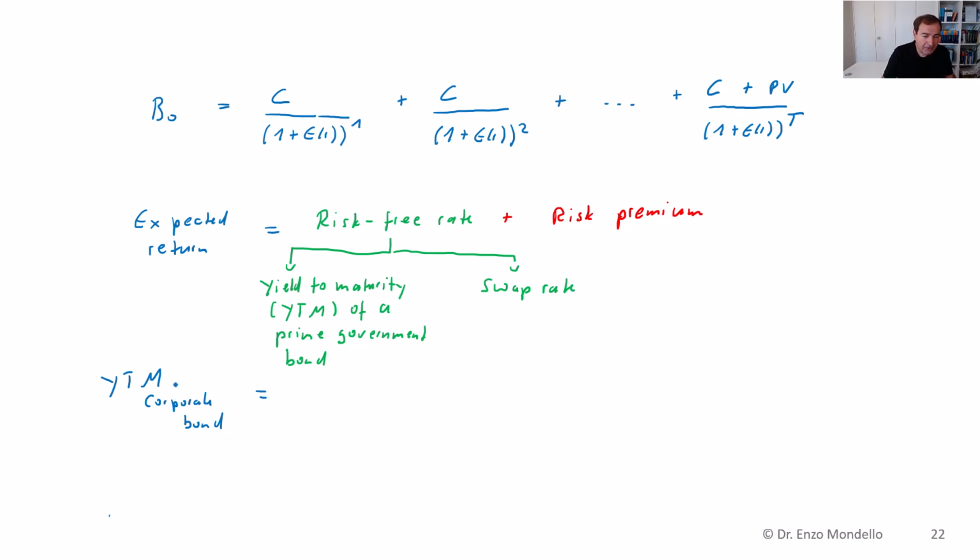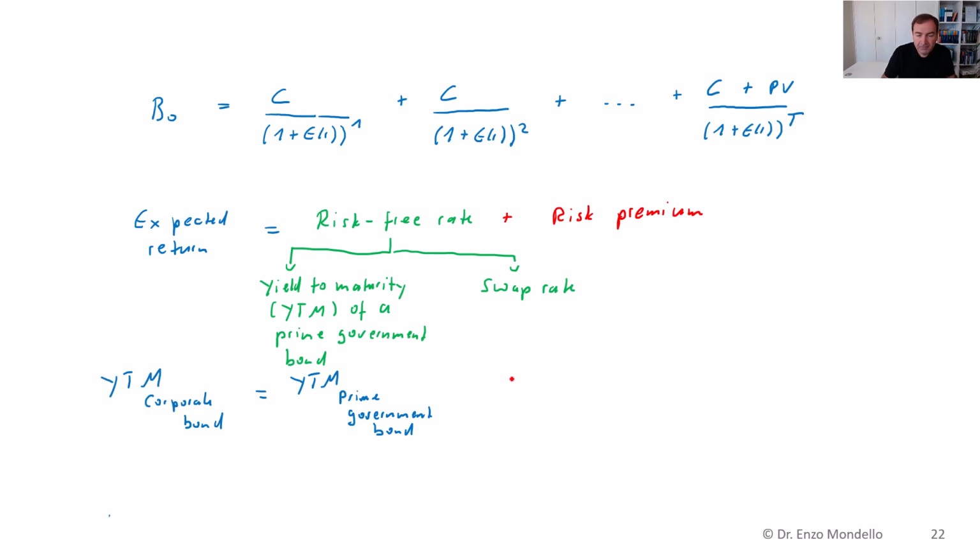So we have the yield to maturity of the corporate bond that equals the yield to maturity of a prime government bond with the same maturity and currency as the corporate bond. And then we have to add a risk premium.